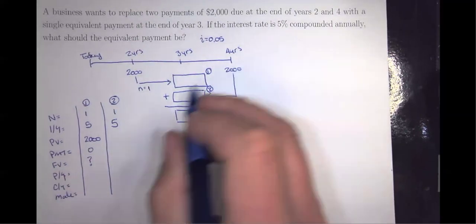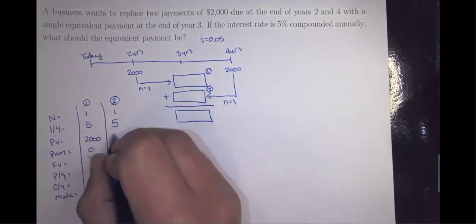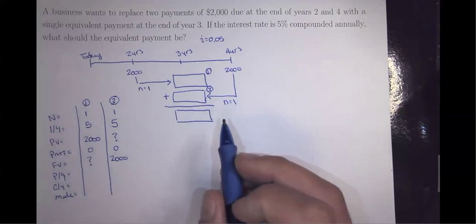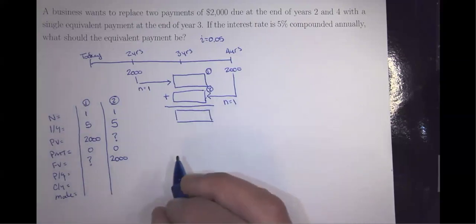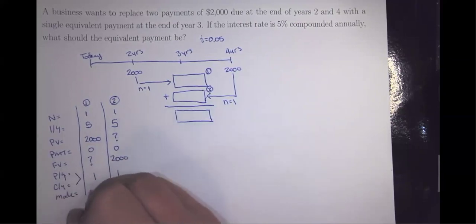In the second case, my future value is $2,000, and I'm looking for the present value. Now, if you want to fool around with the positives and the negatives there, go right ahead. You can call it positive 2,000 or negative 2,000. It doesn't much matter. My payments per year and compounds per year are going to be annual, so 1 for both.